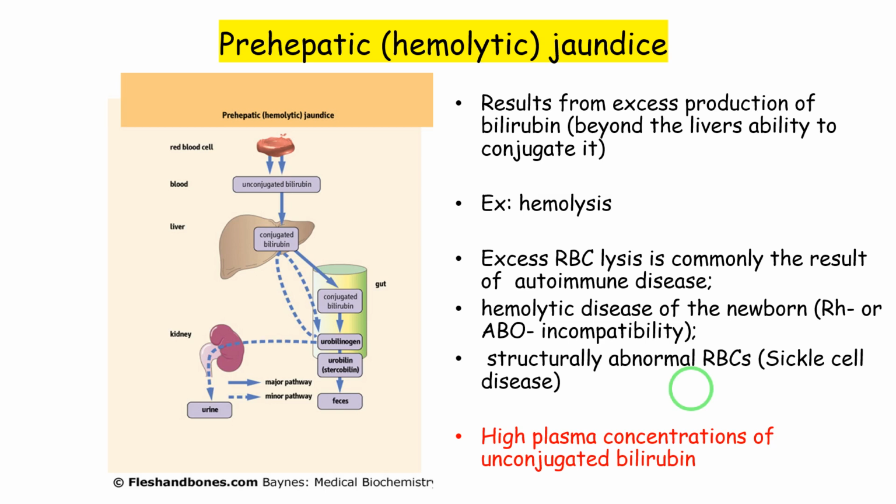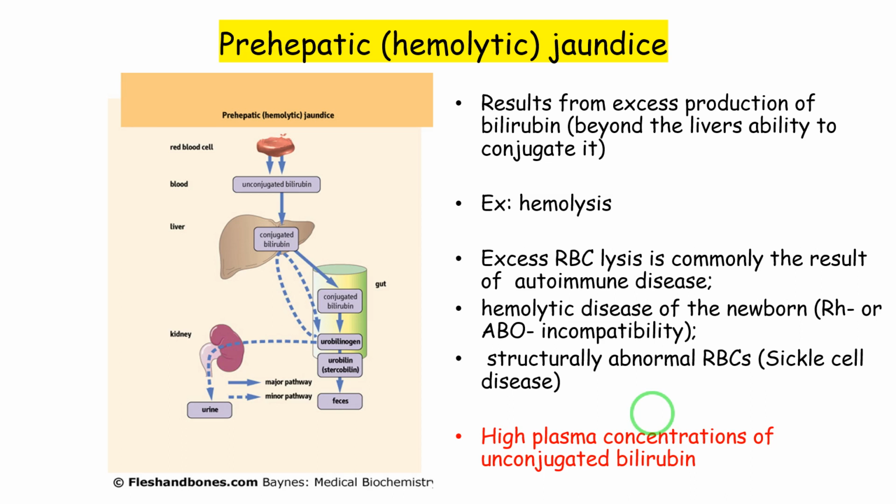The prehepatic is also called hemolytic jaundice. Why? Because usually it results from excessive production of bilirubin. The pathway of metabolism in this case is normal, but there is overload or overproduction of bilirubin. As in the case of hemolysis, the amount of bilirubin produced will be more than the capacity of the liver to deal with.